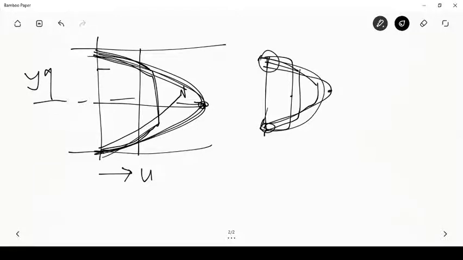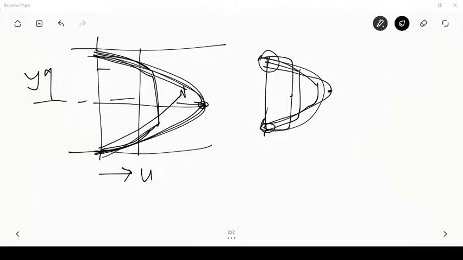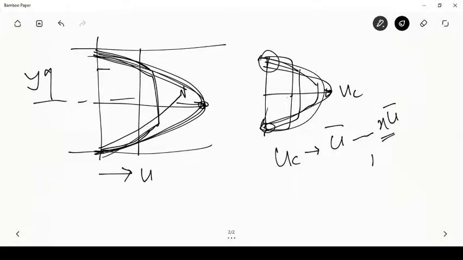The centerline velocity will accelerate from u bar to a value which is much higher than u bar at this location. So this centerline velocity, if I call it uc, would go from u bar at the beginning to some value which is higher than u bar, let us say some n times u bar, where this n is greater than 1.